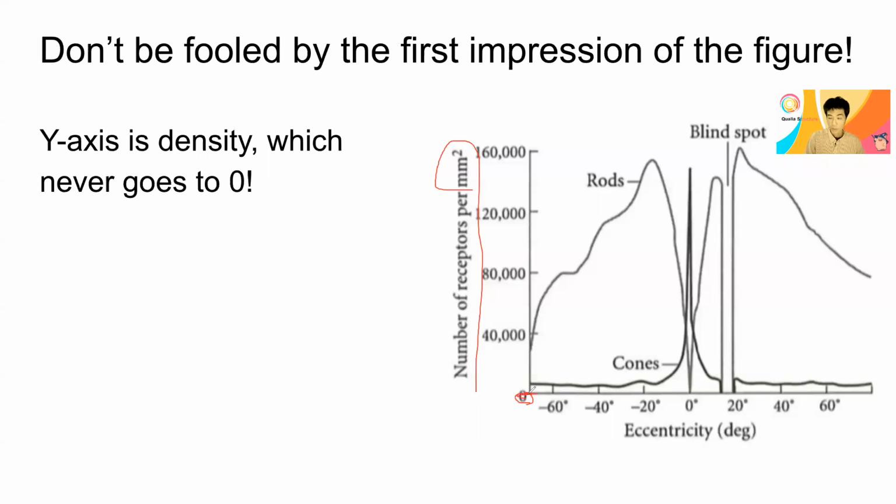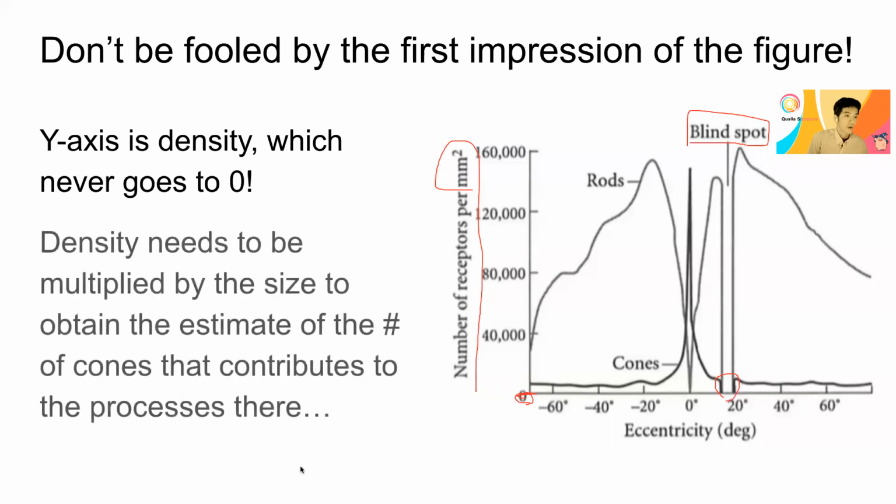As you can see, within the so-called blind spot, both cones and rods become zero because there are only axons. But all the way through, cones are present at a lower density. What it means is that when the density is interpreted, it needs to be multiplied by the size of the area, to estimate the number of cones that contribute to the underlying process.